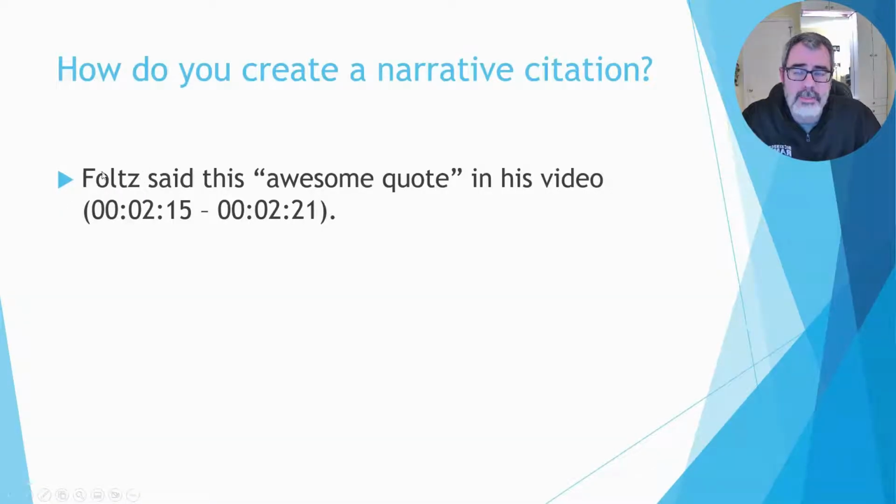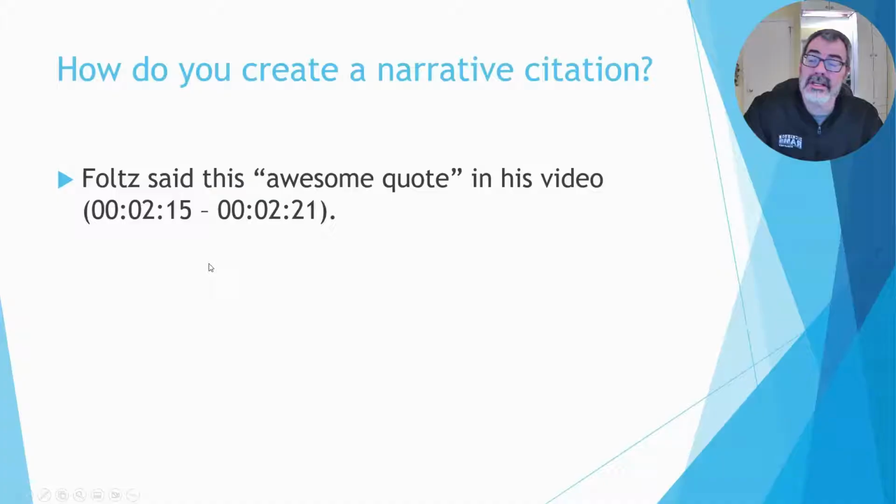Instead, the author name appears within the sentence. So in this case, we're saying Foltz said this, and then this would be our pretend quote taken from Harrison Bergeron in his video. We don't need to put the title or the author's name in the citation because we've already put it up here, and to do so in both of them would be redundant.